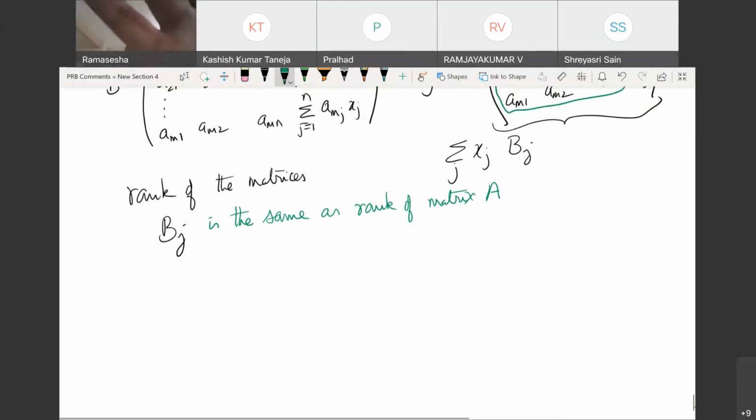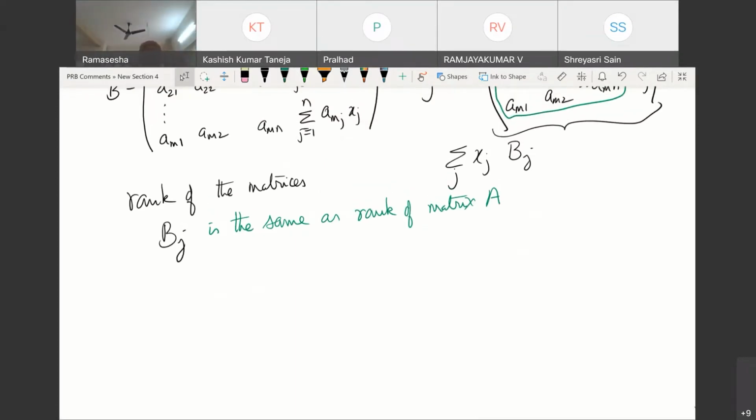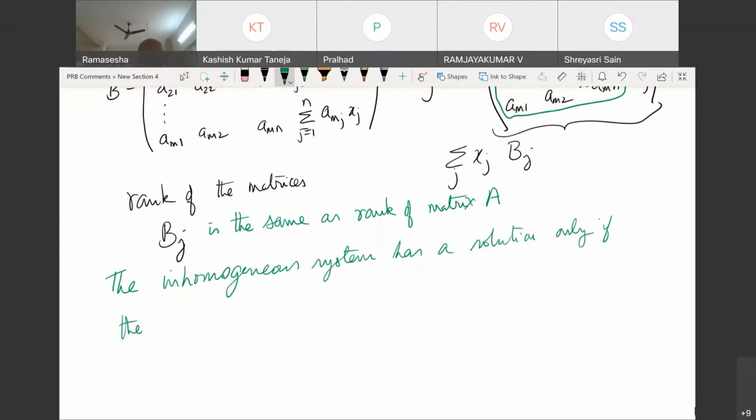Okay. So the condition is that the inhomogeneous system has a solution only if the rank of the augmented matrix is the same as the rank of the original matrix.